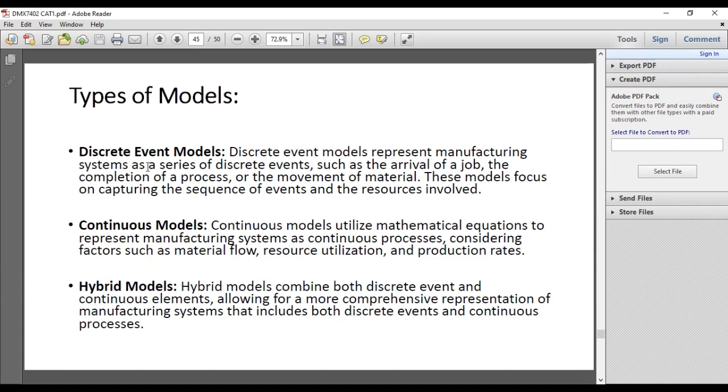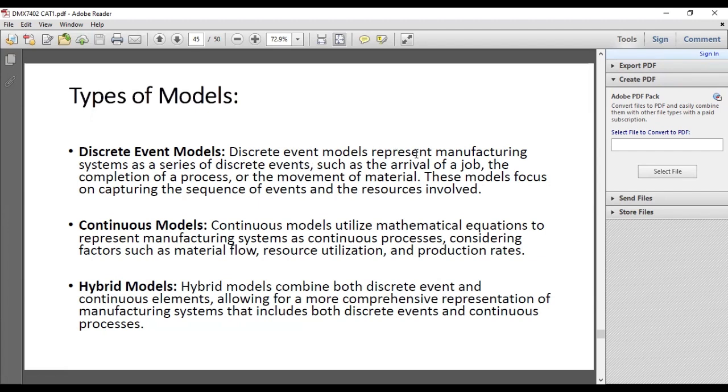In discrete event models, you consider the process or the production flow as parts, not as continuous, like different kinds of batches.